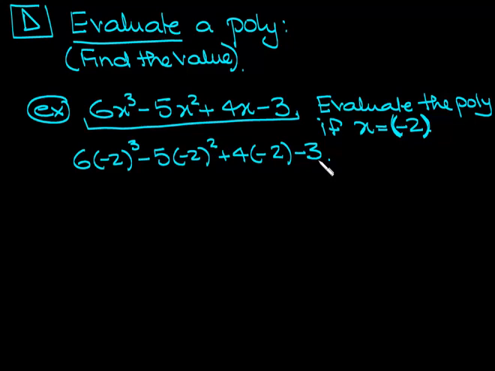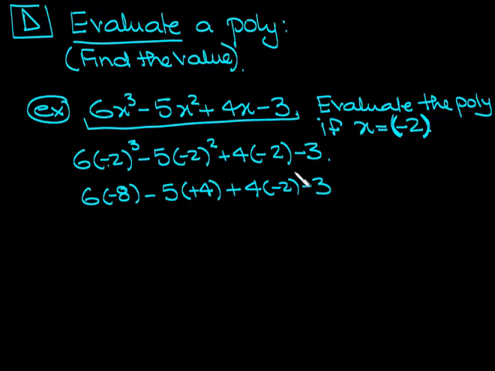So we always do the exponents first. So negative 2 cubed, negative 2 times negative 2 times negative 2, we get negative 8, minus 5 times (negative 2) squared, negative 2 times negative 2 is positive 4, plus 4 times negative 2 minus 3. I took care of my exponents.